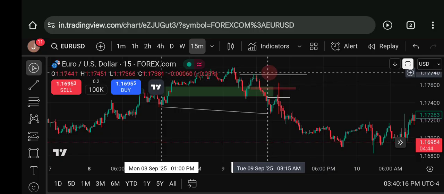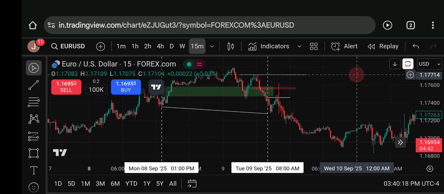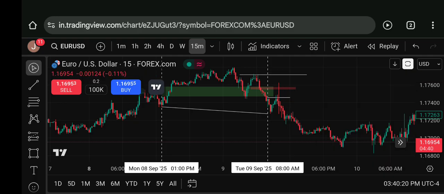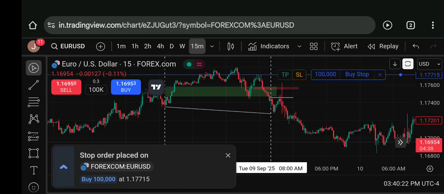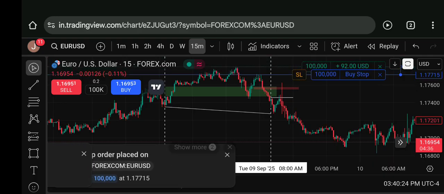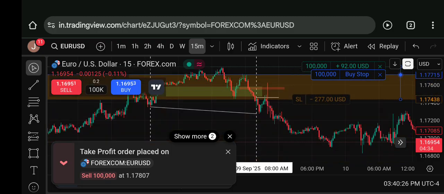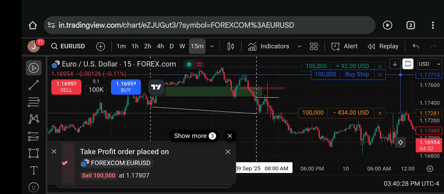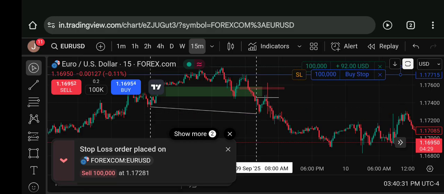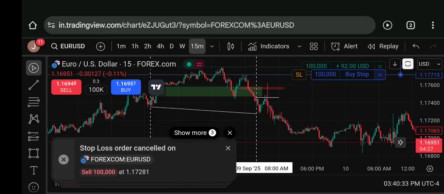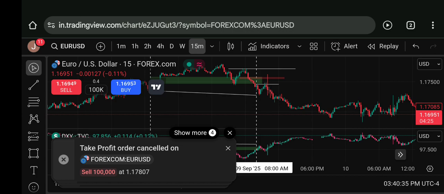But if I waited for this market structure shift, it would be a big negative risk to reward, guys. The take profit would be very small, whereas the stop loss would be very high. That's why I entered this trade and I lost it.